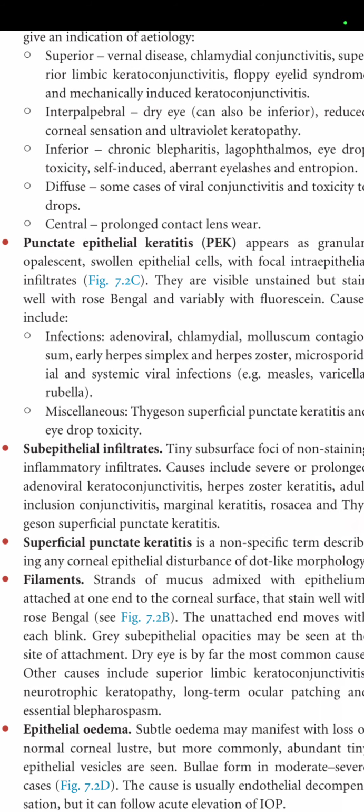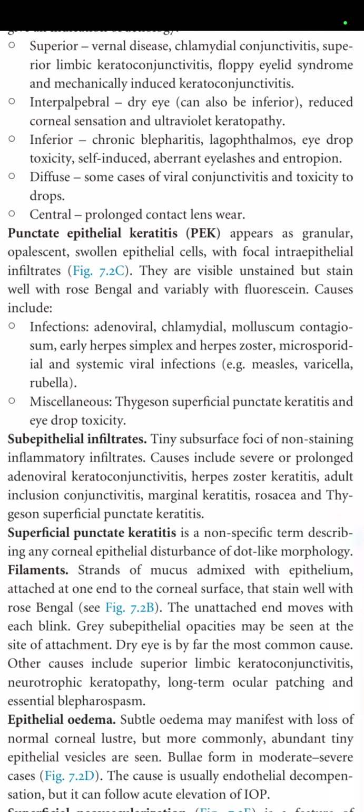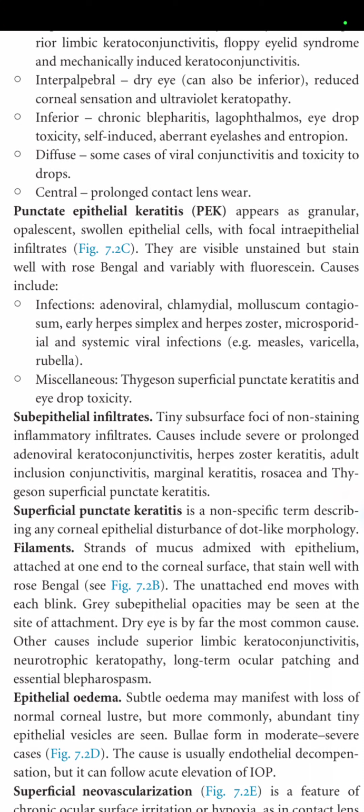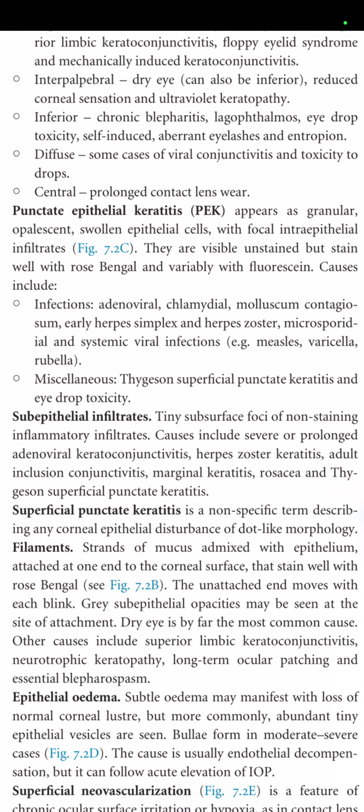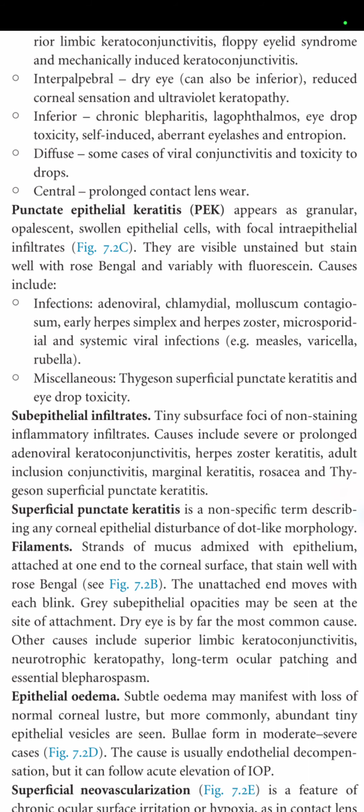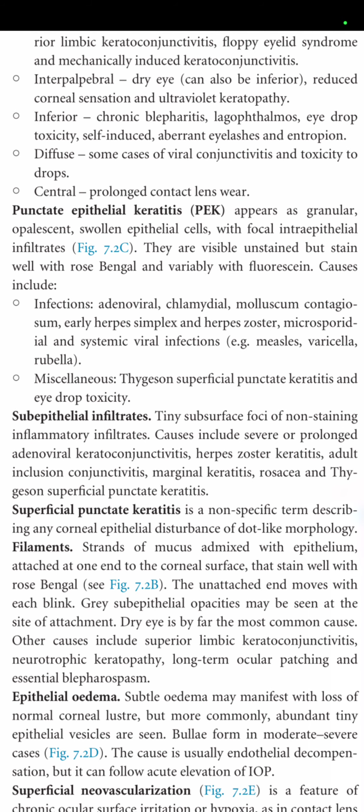Next is punctate epithelial keratitis. Punctate epithelial keratitis appears as granular, opalescent, swollen epithelial cells with focal intraepithelial infiltrates. So basically, these are not erosions. These are swollen epithelial cells.